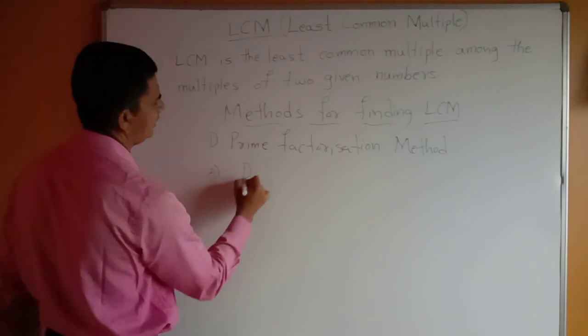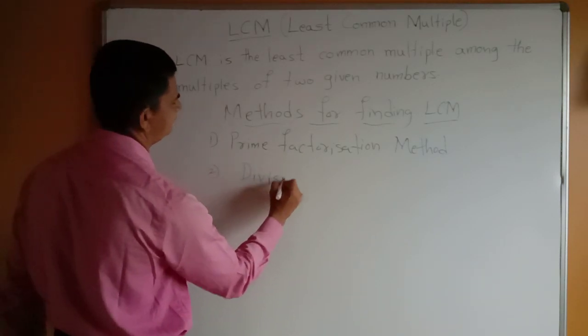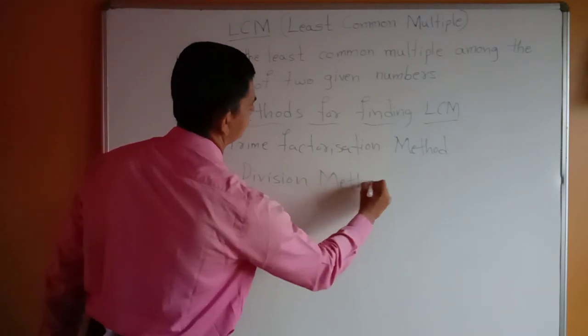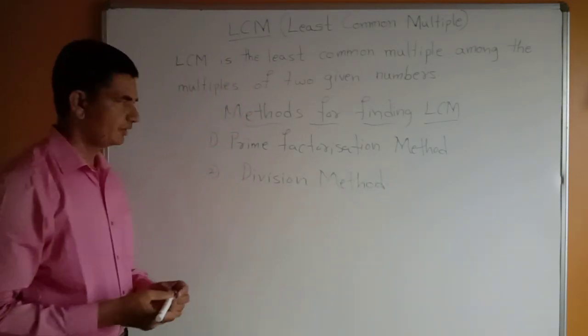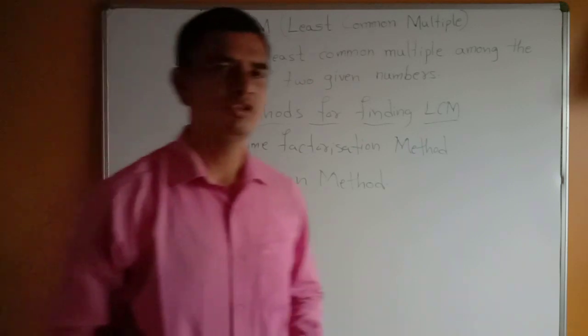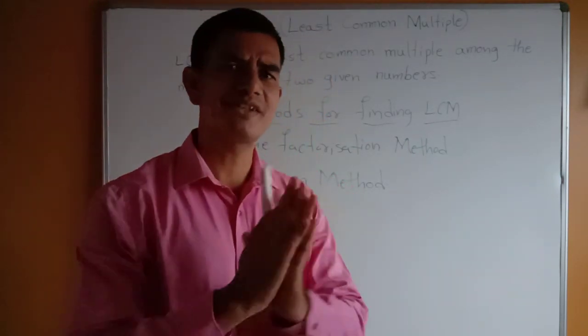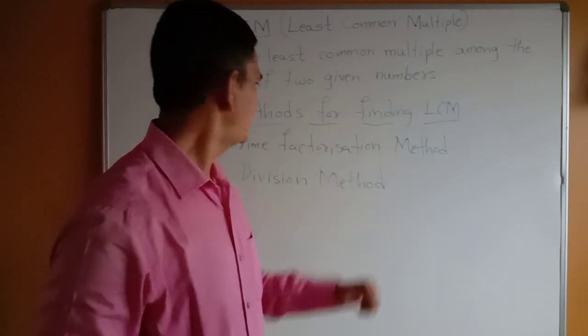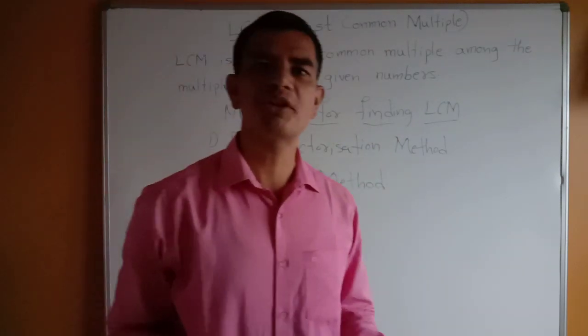Overall, to find the LCM we have two methods. The first one is the prime factorization method and the second one is the division method.